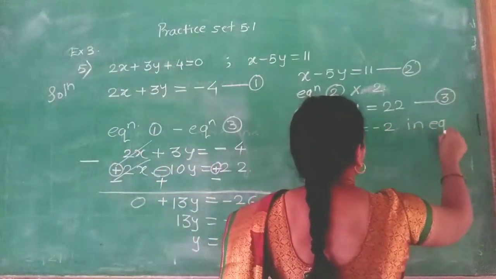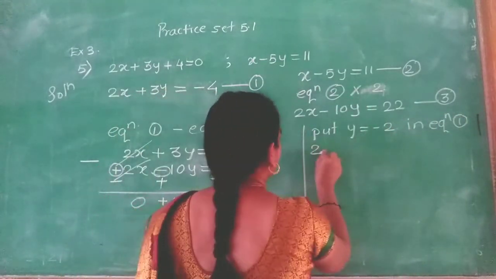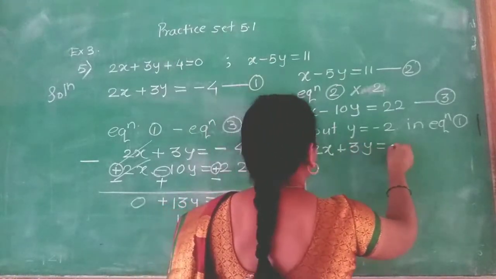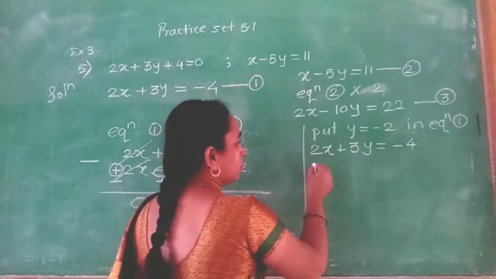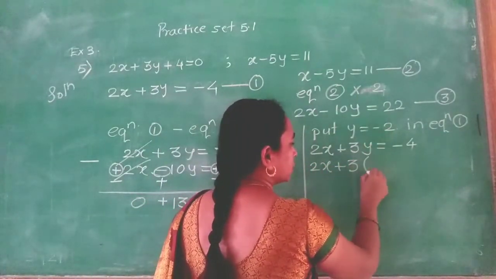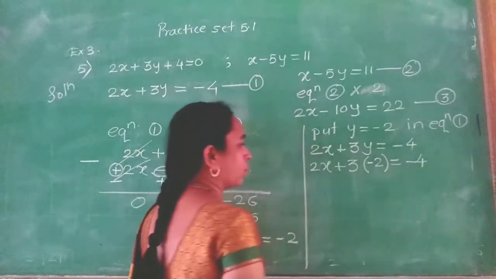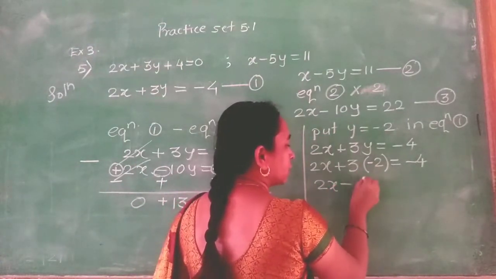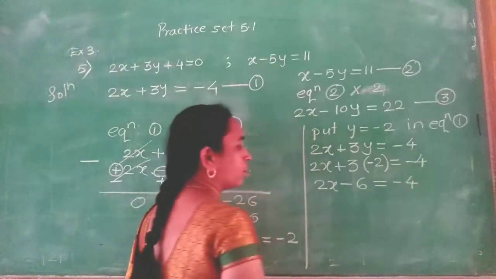So put y is equal to minus 2 in the first equation. Equation 1 is 2x plus 3y is equal to minus 4. Put this in equation 1. So 2x as it is plus 3 into minus 2 is equal to minus 4. So 2x minus 6 is equal to minus 4.